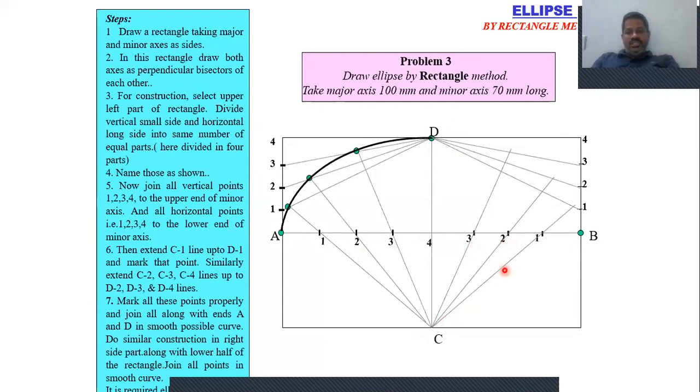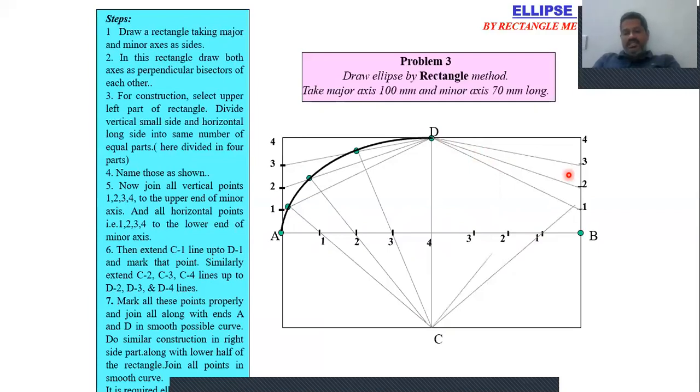So C1 dash is extended up to D1, C2 dash is extended up to D2, C3 dash is extended up to D3, and similarly C2 dash is extended up to D2, and C1 dash is extended up to D1.